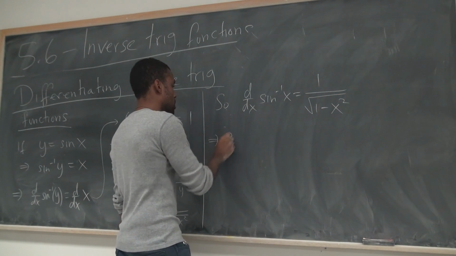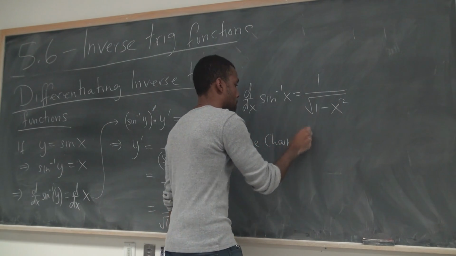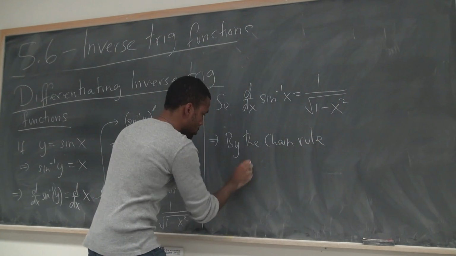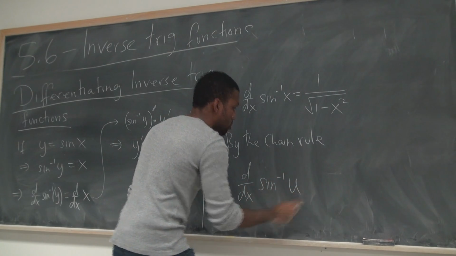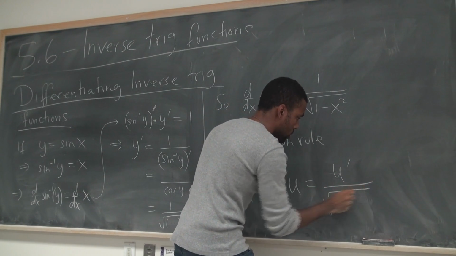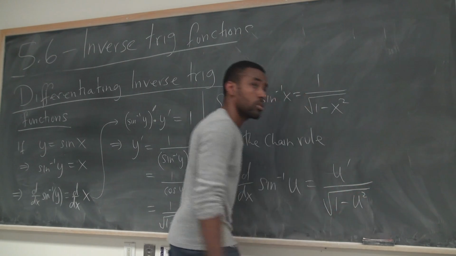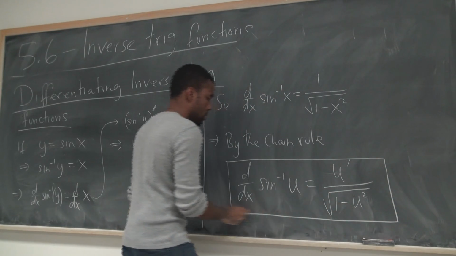This means, by the chain rule, if I have the derivative of sine inverse of u, that is just u prime divided by the radical of 1 minus u squared. So that's our formula.